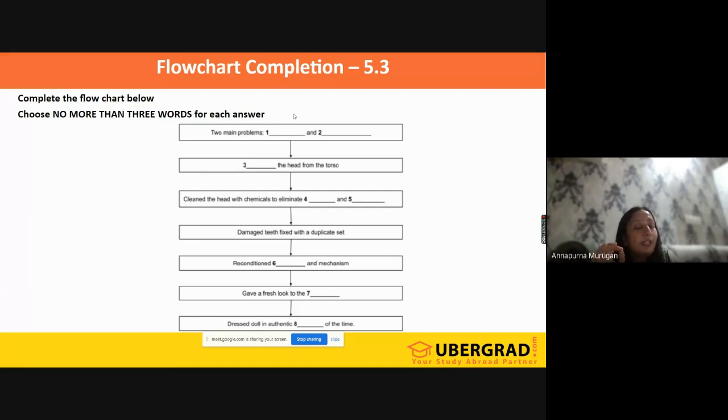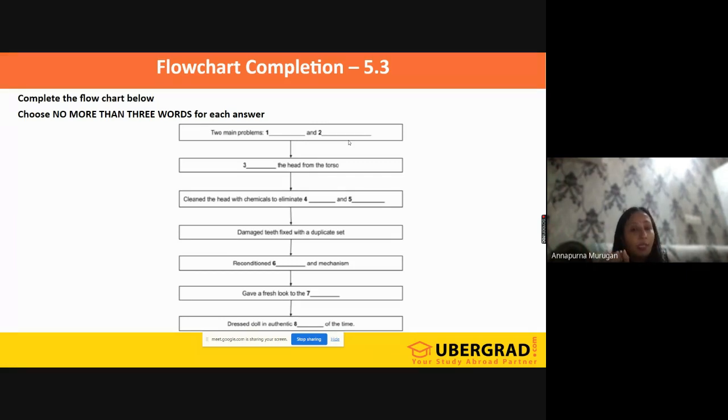We just have a normal flow chart given. So now what you need to do is see if we get any clue here. The clue here is the first starting sentence only. The two main problems, dash and dash. Here they're starting off with some two main problems.